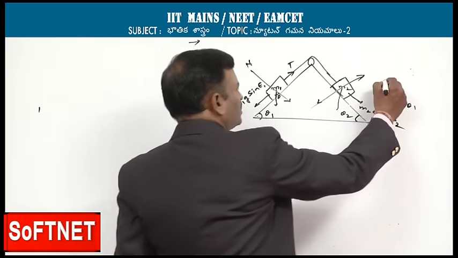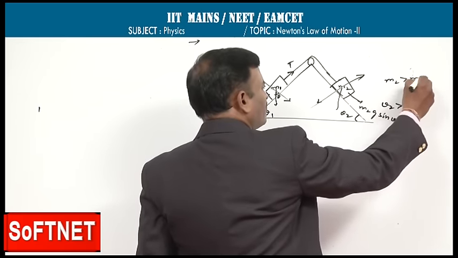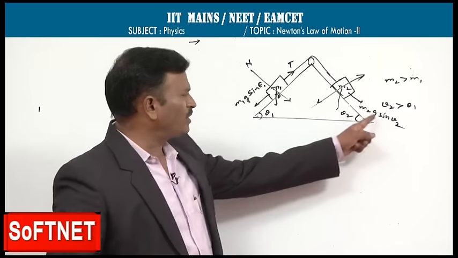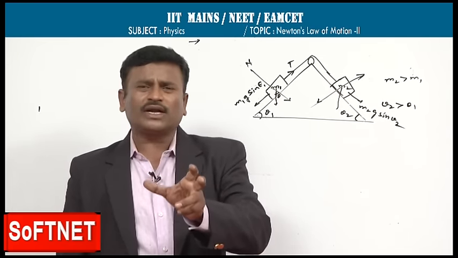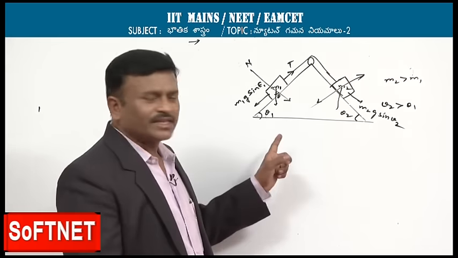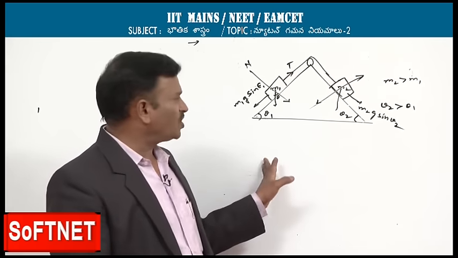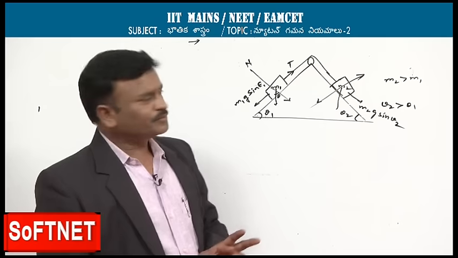The first condition is m2 is greater than m1, and the second is theta 2 is greater than theta 1. Using those two conditions, I am deriving the expression for the acceleration and tension of the system.